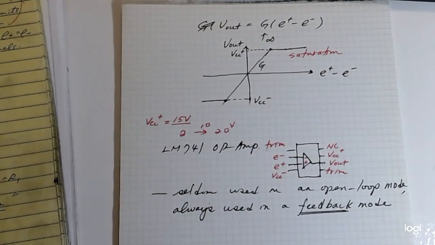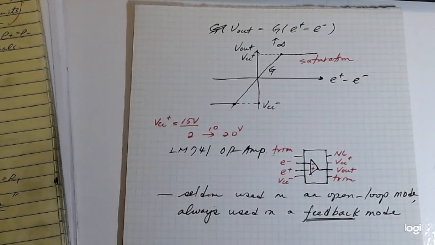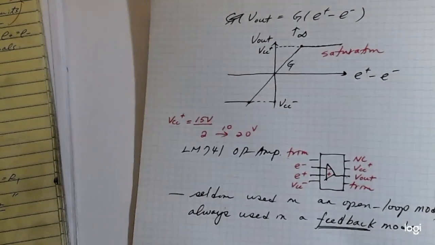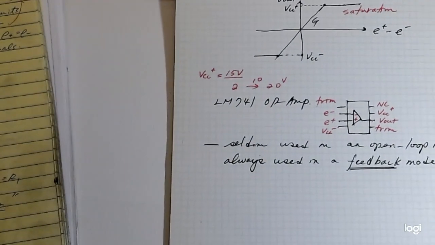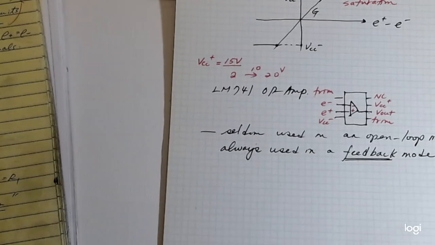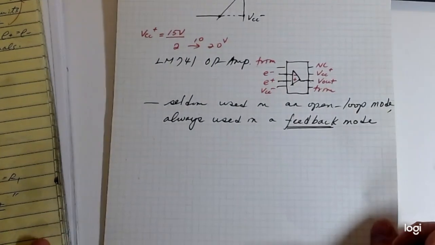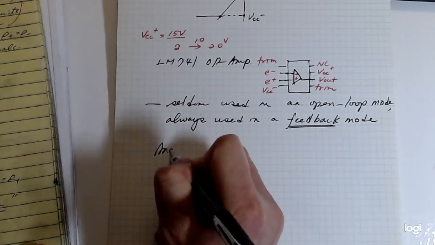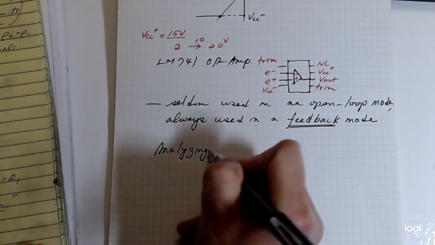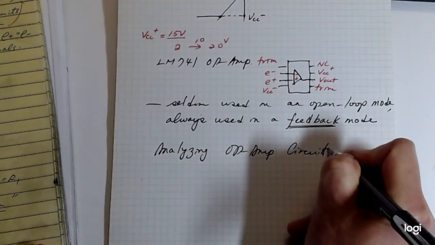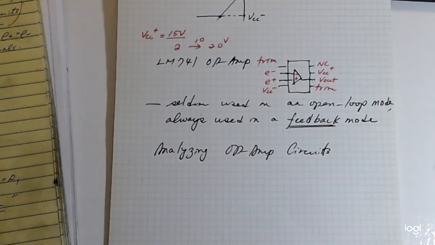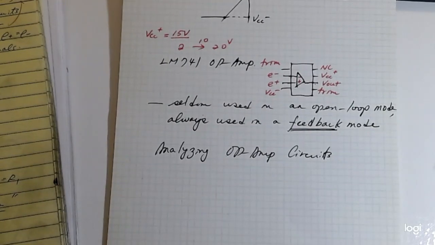Okay, so the next question is how do we model or analyze an op-amp circuit. We base it on two principles other than Kirchhoff voltage and current law, loop law and node law.